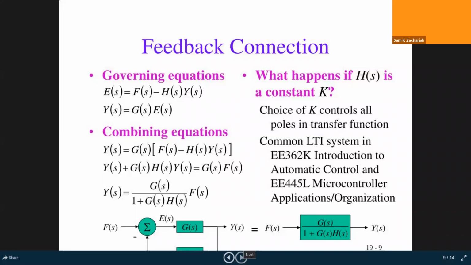Any doubts? Yes, sir. Excuse me. Okay. Yes, sir, can you please explain this feedback system? How did we get this equation once again? This equation you are telling? Yes, sir.